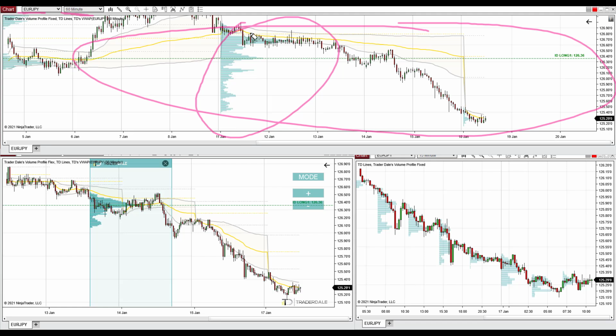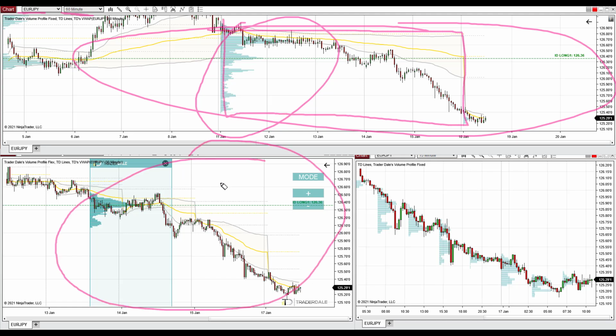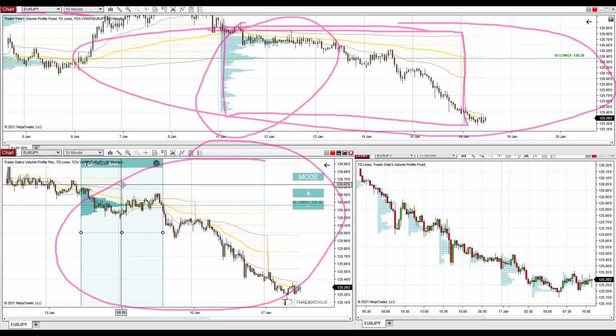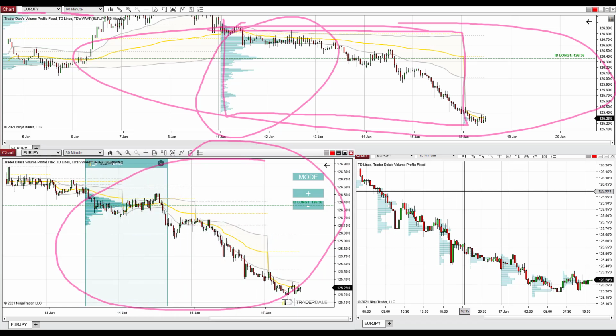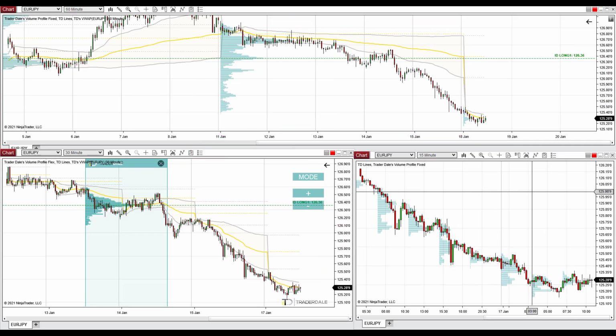It's a weekly profile which always shows how the volumes were distributed throughout a whole week. This chart is a 30-minute chart, and there I use a flexible volume profile. And the last chart is a 15-minute chart with 4-hour profiles printed. Every 4 hours a new profile gets automatically printed there. Alright, so that's what you are looking at.